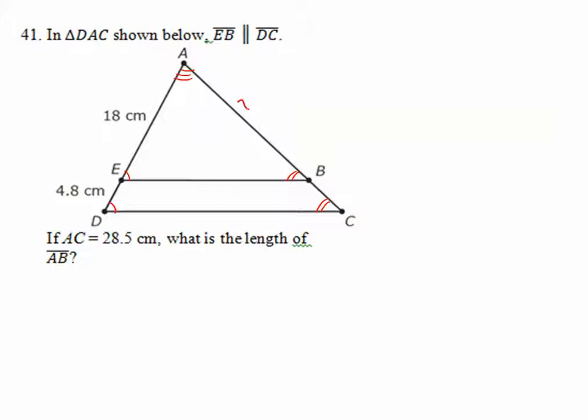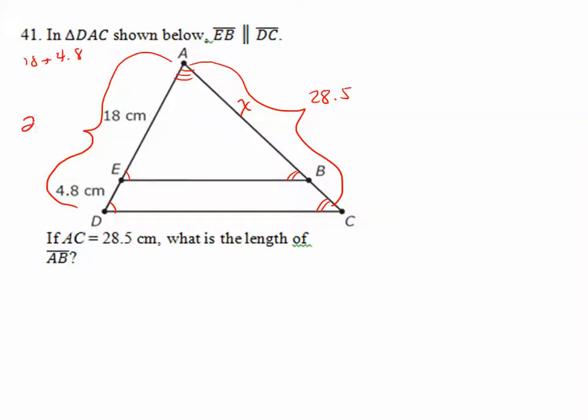So if I want to know what AB is, I can set up a ratio using the fact that AC is 28.5, and I know that AD is 18 plus 4.8, which is 22.8. So I know this long length is 22.8 and this long length is 28.5.